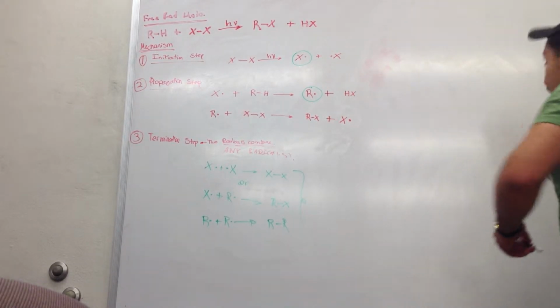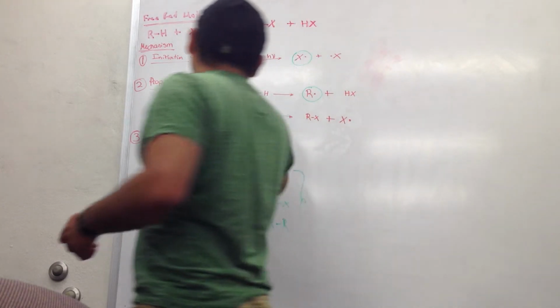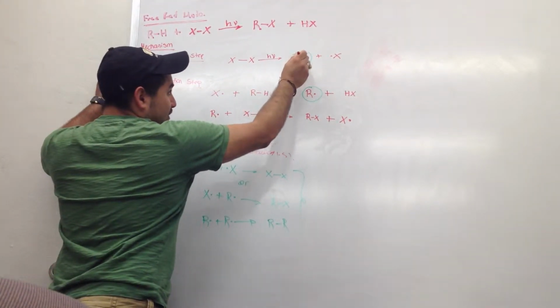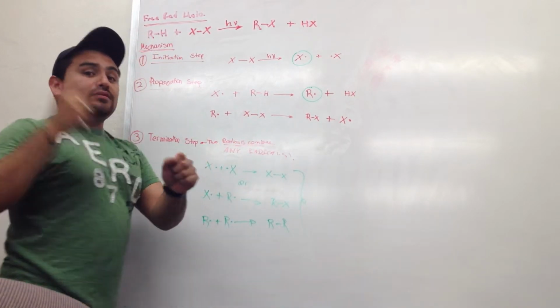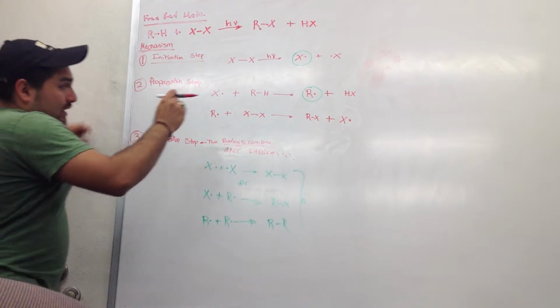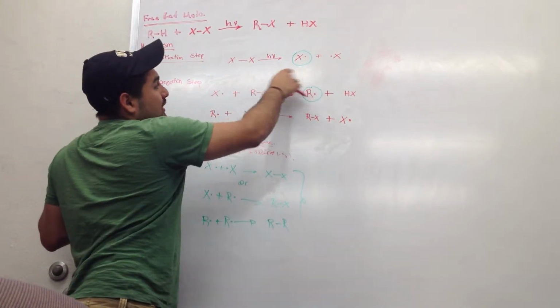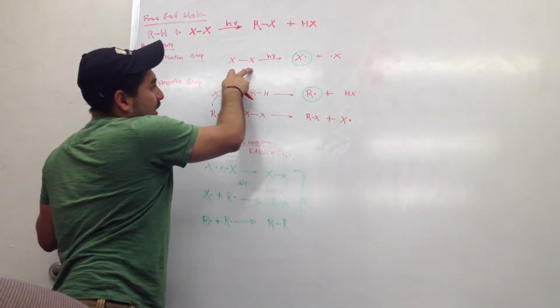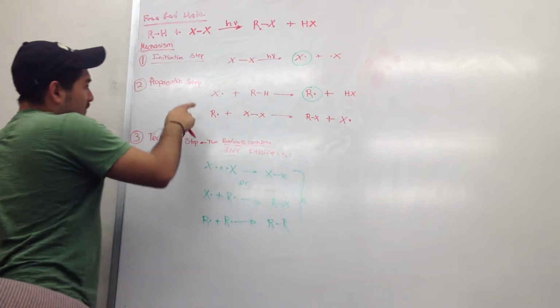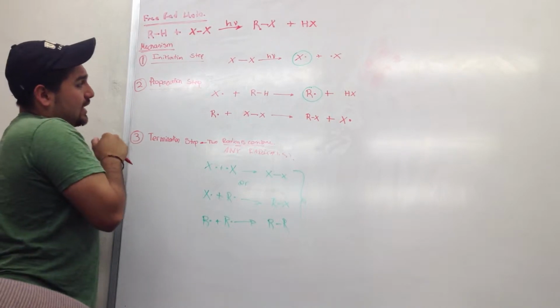Now we've covered the initiation step, which is the making of the halogen radicals, which are the ones that are going to be crashing into the other molecules, making the reaction propagate. Now that I've homolytically cleaved this molecular halogen into halogen radicals, I go into the propagation step.